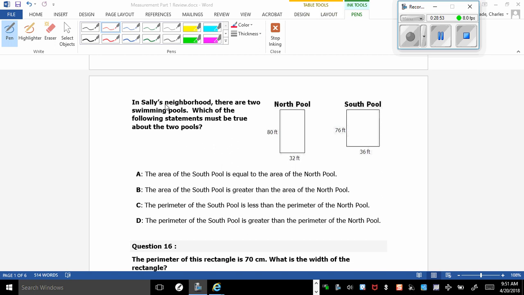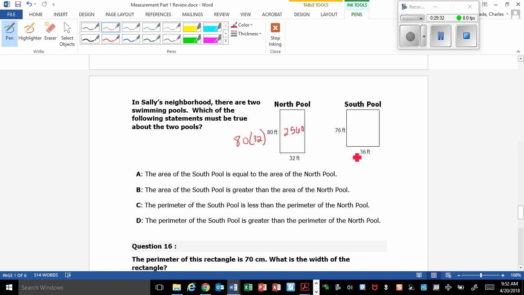All right, so this is a good question. We've got to compare these two things and find out which of these statements would be accurate based on our comparison. So it says, in Sally's neighborhood there are 2 swimming pools. Which of the following statements must be true about the 2 pools? So really we've got to figure the area and the perimeter out of both of these. So this one would be 80 times 32, so 80 times 32 equals 2,560.